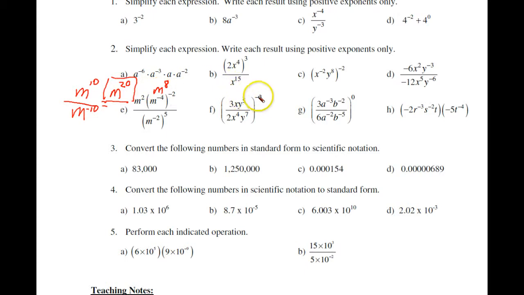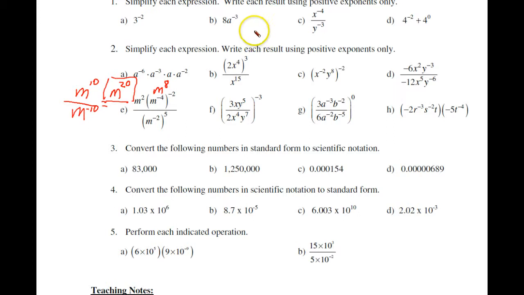Now, an interesting thing occurs in letter F here. If you have, in a sense, a fraction, this is sort of a fraction here, and it's to a negative power. A technique that will allow us to change this to a positive power is take the reciprocal of that.